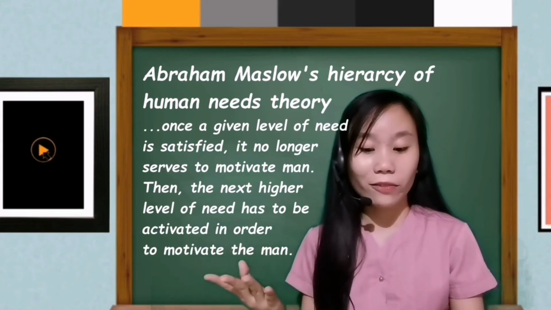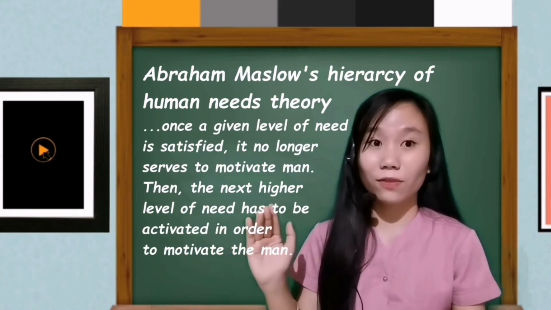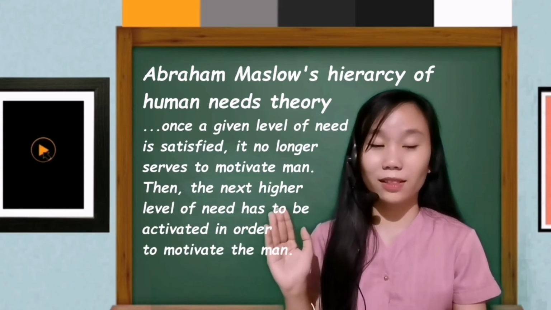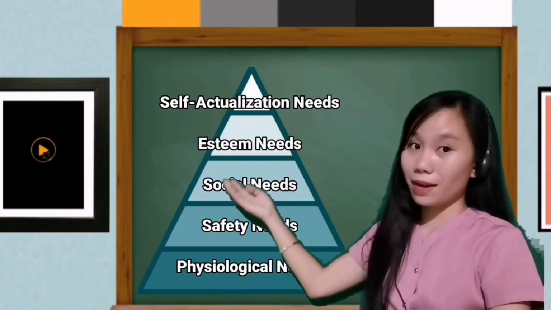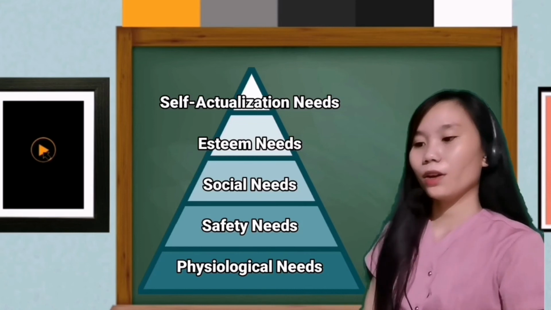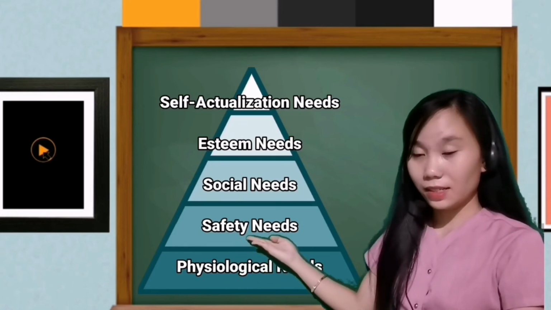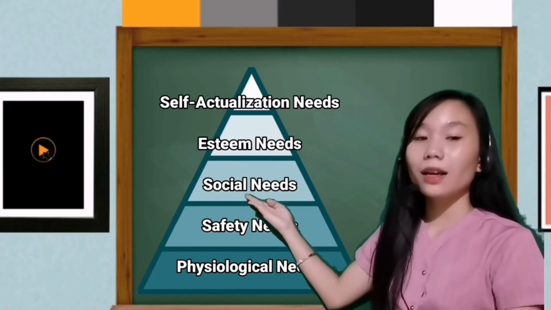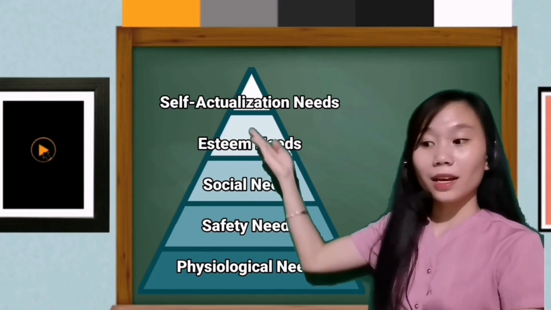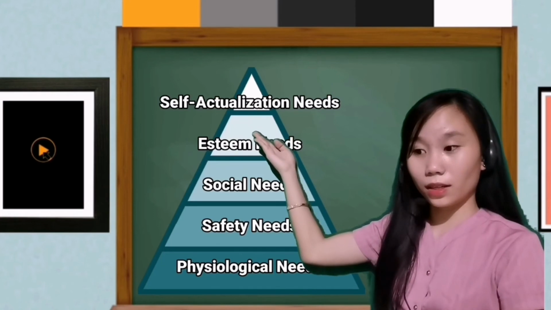Then the next higher level of need has to be activated in order to motivate the man again. This is the Maslow hierarchy of needs: first is physiological needs, safety needs, social needs, esteem needs, and self-actualization needs.